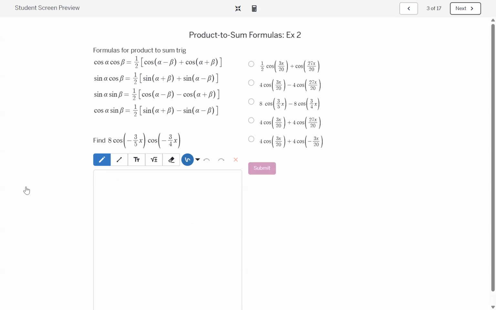All right, let's see the next one. Now our setup is a little weirder. They put fractions for no good reason, and they have an 8 in front. We're looking at cosine, cosine, so that's our top formula.